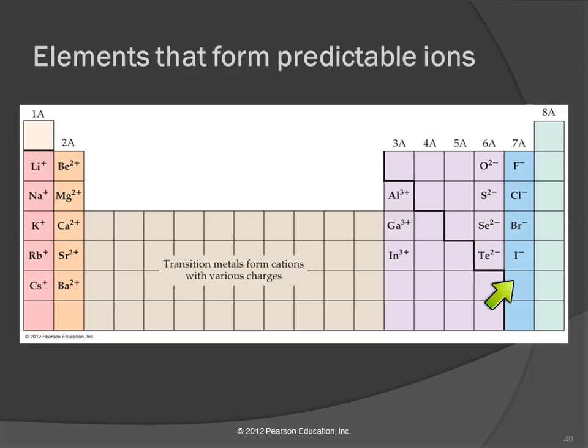All of these guys are -1. You start at the far right, you move back 1, those are -1, the next column's -2. I don't know why they don't put these guys in here. Nitrogen would be what? -3, and phosphorus is down here, -3. So it just goes, these guys don't form ions, 0, -1, -2, -3.